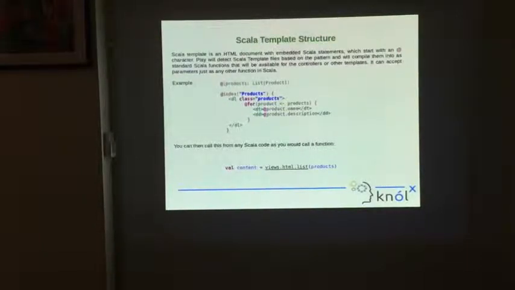So here we call the index. Index is another template, and we create a for loop to fetch every product from the list of products and render the product's name and descriptions.